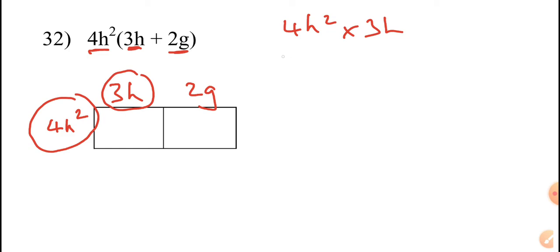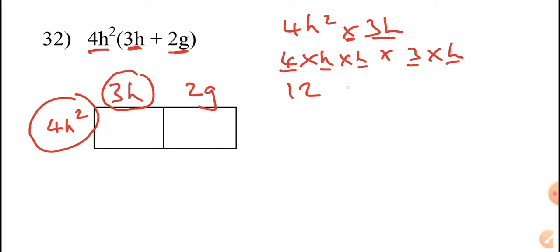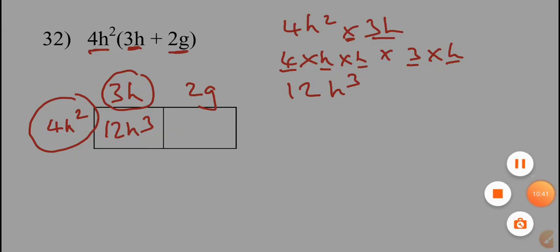So what does that mean? Well, 4h squared means 4 times h times h, and 3h means 3 times h, and just copy the times sign down. So we can do 4 times 3 first, which is 12, and then there's 1, 2, 3, so it's h cubed. So copy that down here, 12h cubed.